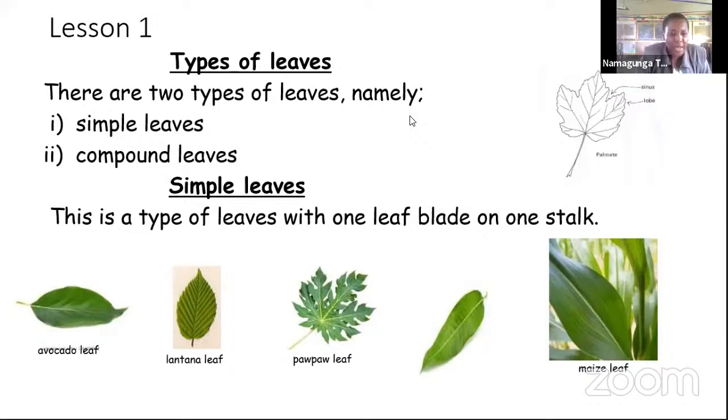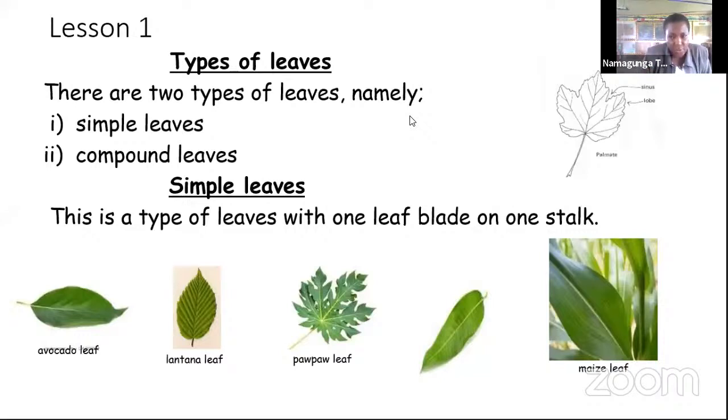On 1 leaf stalk. When I talk about the leaf blade, here I refer to the surface of the leaf. The surface of the leaf, the leaf blade, as you look at it, is one on the stalk.